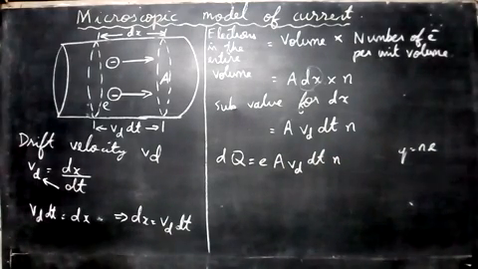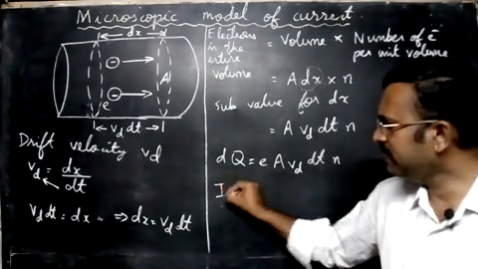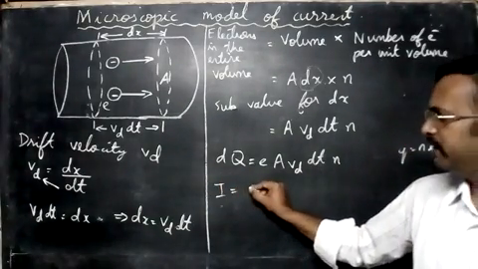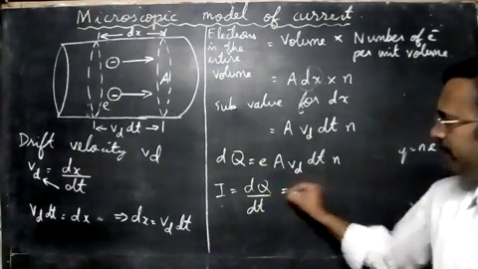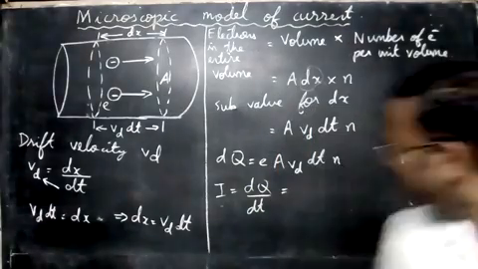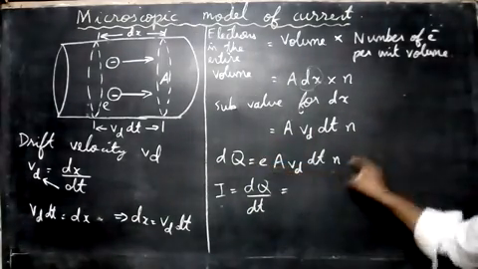Now let's see what is meant by current. Current I is equal to the flow of charge per unit time, that is dq by dt. I'll erase this formula here. So this dq term you divide by dt.